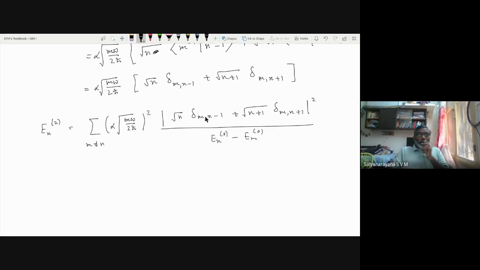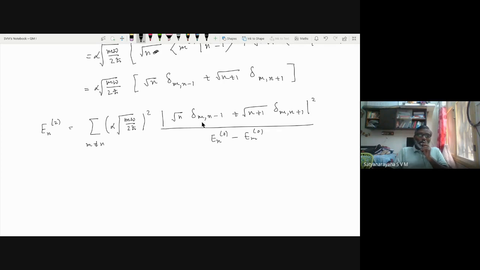Now, what does this delta m comma n minus 1 mean? In this term, only the m equal to n minus 1 term will survive, or n equal to m plus 1.